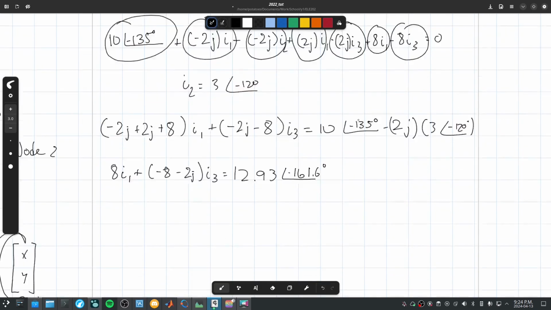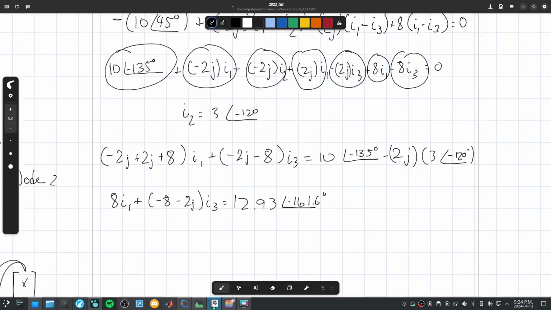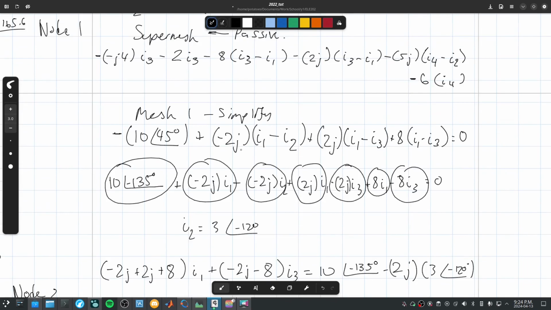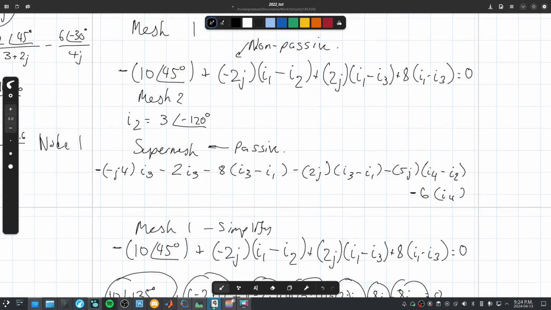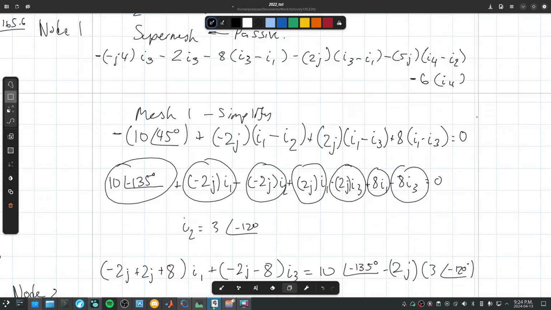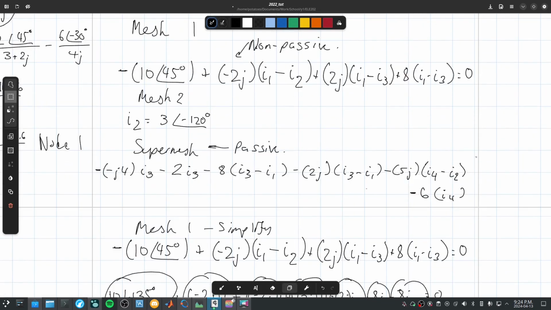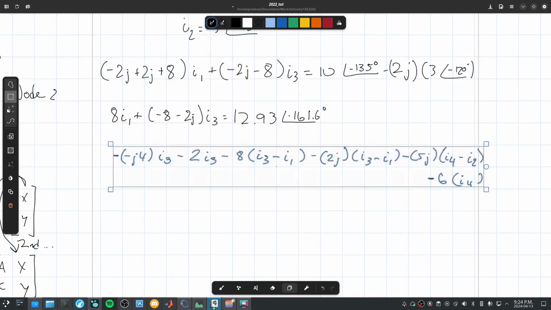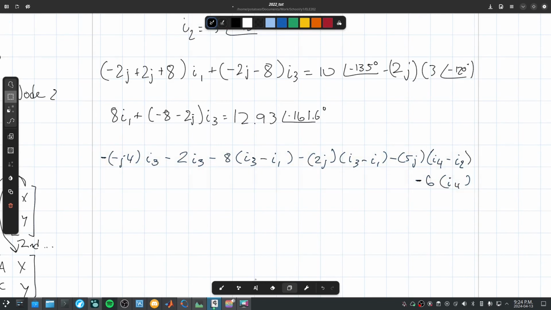There you go. So this is a simplified form of mesh 1, mostly. I forgot to do one of the parts of super mesh, but we'll get to that in a minute. So super mesh now. Super mesh simplification.